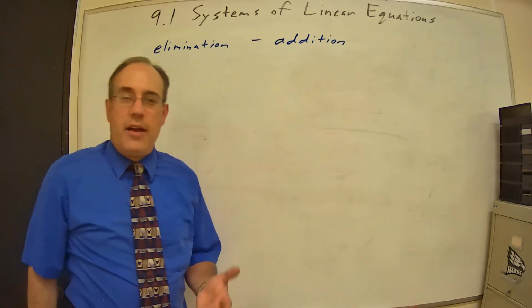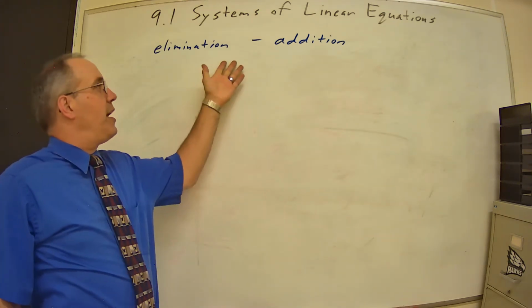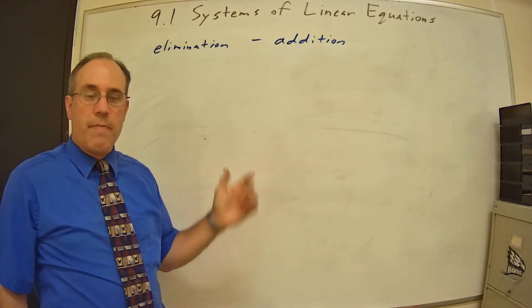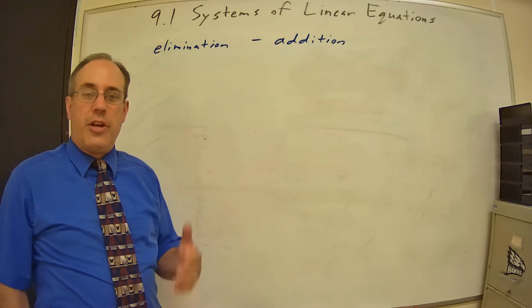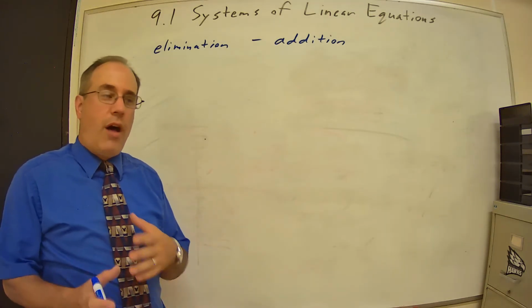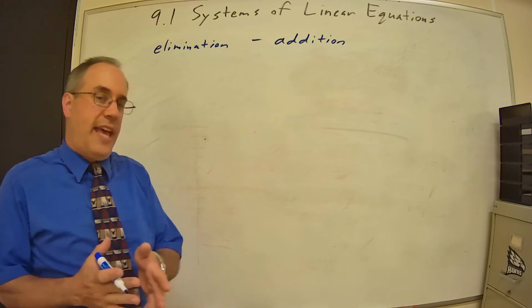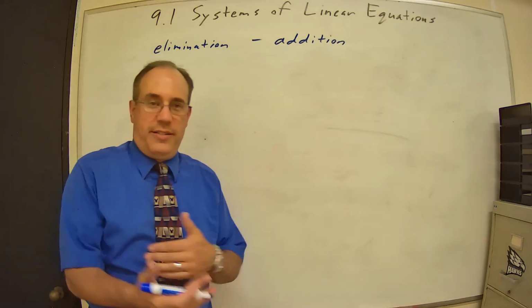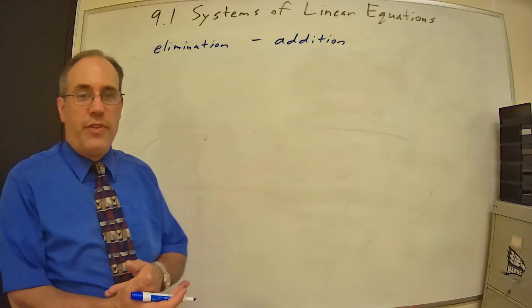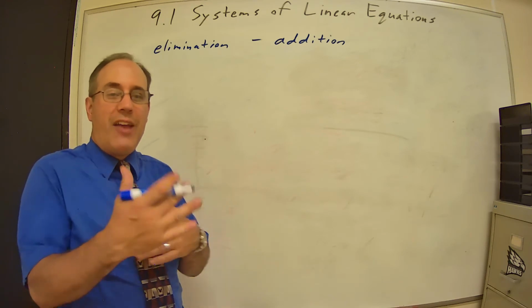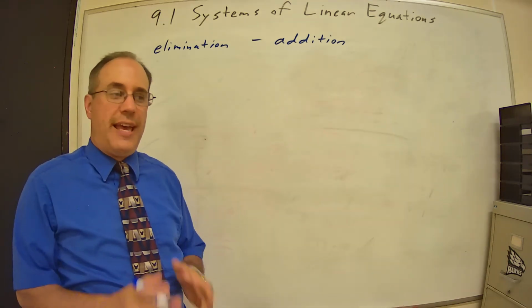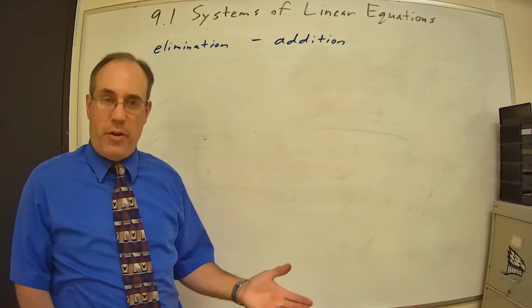The idea being that if you have a system of equations, that if you can get the coefficients of a variable to either be the same or additive inverses of each other, then you can add or subtract those two equations and make that variable disappear.